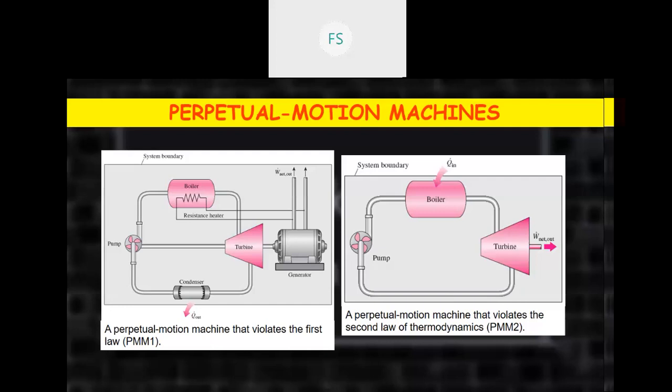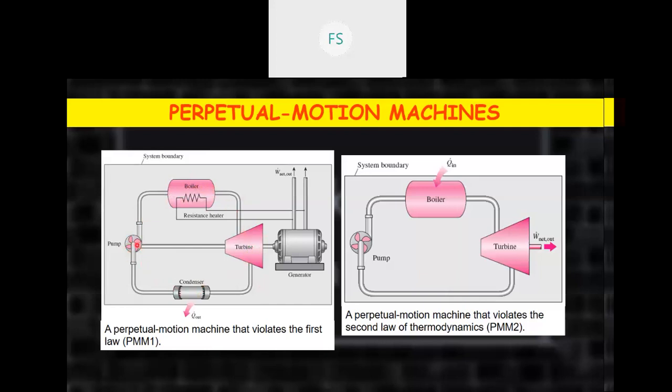So how does this machine operate? By creating energy. Now look here. This is the system boundary. Inside the boundary, there are four main components: boiler, pump, condenser, and turbine. These look like a heat engine, isn't it?